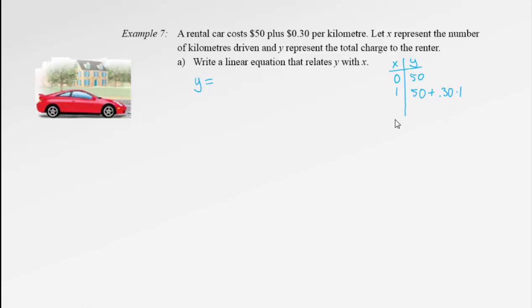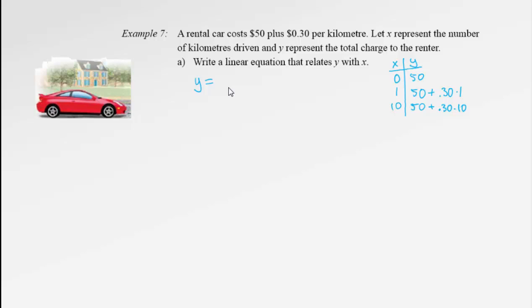Okay, what if we drive 10 kilometers? Then we pay 10 times 30 cents on top of $50. So it's 50 plus 30 cents times 10. Generally, if the input is x, then we multiply this 30 cents times x.